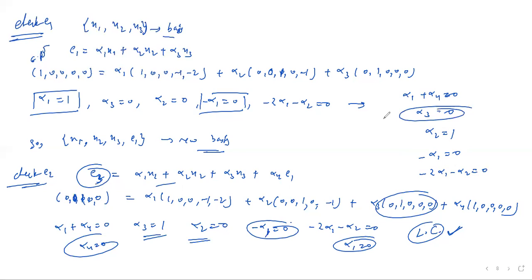Now we got alpha 3 equals 0 and alpha 2 equals 1, and if I put alpha 2 equals 1, it gives me a contradictory statement. So this system of equations is inconsistent, so the vector e3 is not spanned by these other vectors. So our new basis will be x1, x2, x3, e1, e3. This will be our new basis.